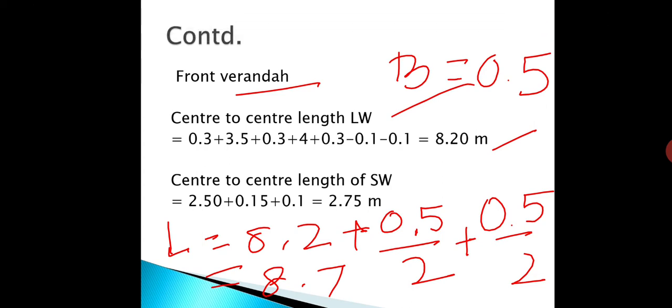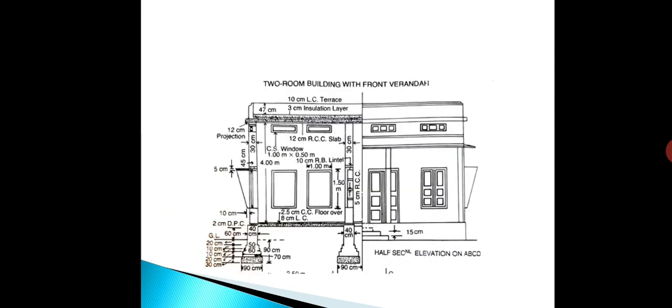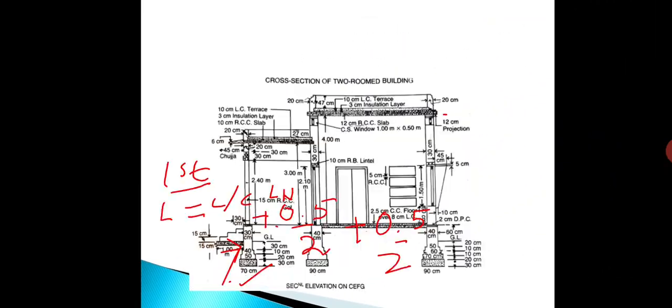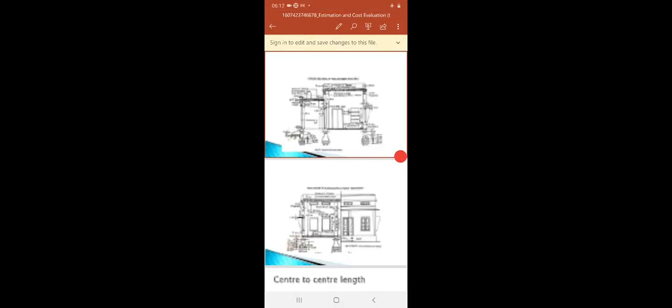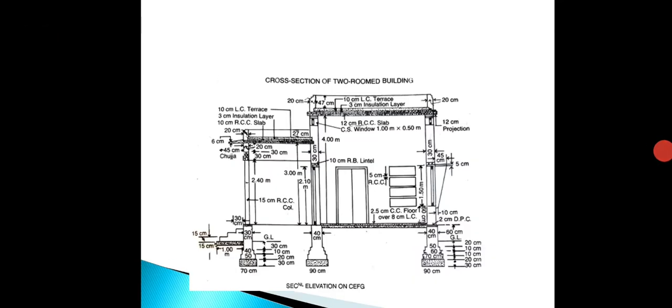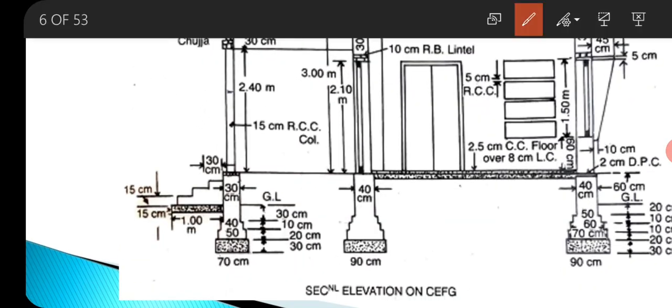Then for thickness or depth, we will again move to the sectional diagram. Here you can see the 50 cm width footing is of thickness 20 cm. See here, this is 20 cm. So depth becomes 0.2. So here we get the length, breadth and depth of the first footing.